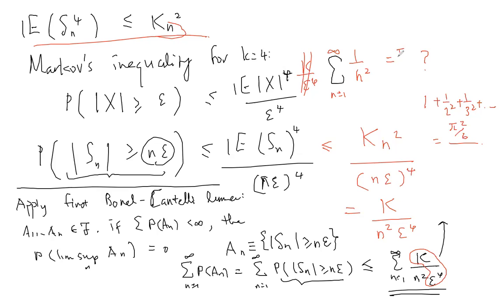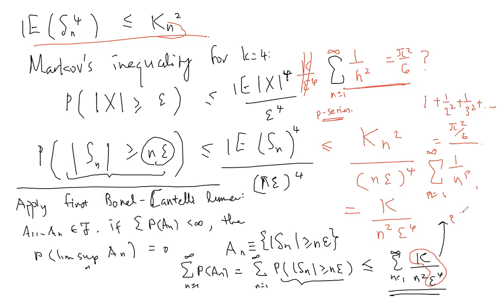This is actually a well-known result. This is the so-called p-series. In calculus, have you studied this before in your advanced calculus? The series is the sum of 1 over n to the power p.